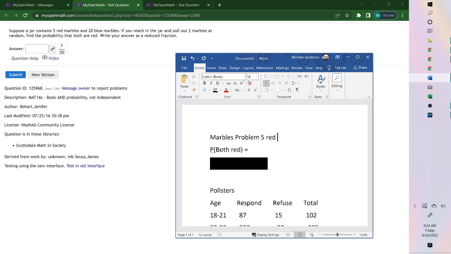There's 5 red and 20 blue. So 5 out of 25. This first one, right here. This is the first one red.